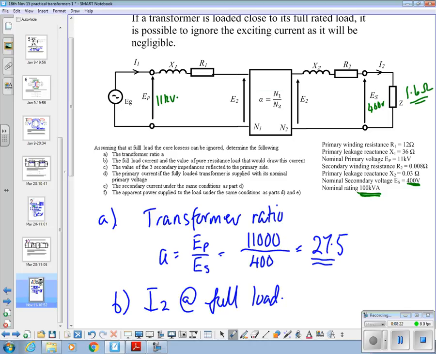We'll use nominal values to get that far. What we need to do now, so that we can analyse the effect of these two components and these two components, is simplify this model. How did we do that last week?